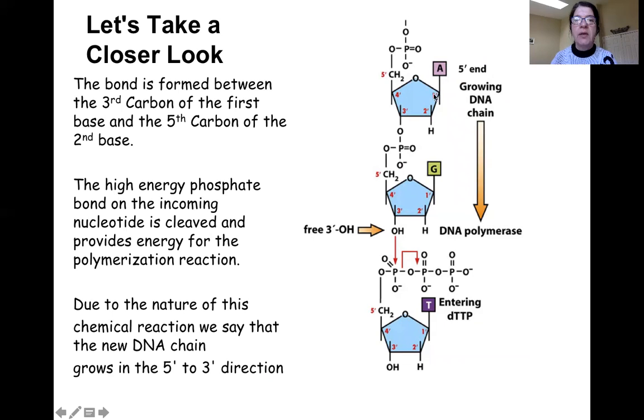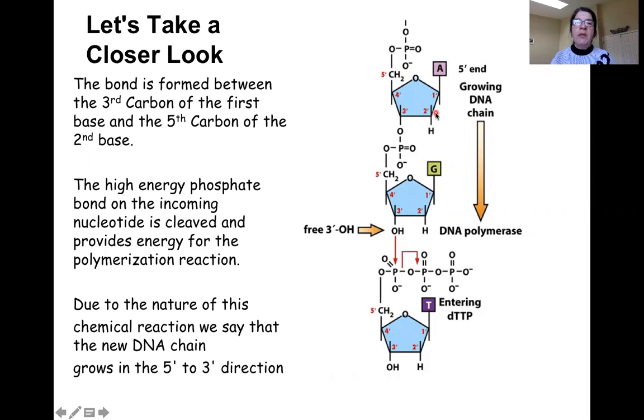So this is the first carbon, the second, the third, the fourth. And because this is a 5-carbon sugar, the 5th carbon is actually sticking out right here out of the ring. So this is 1, 2, 3, 4, and 5.